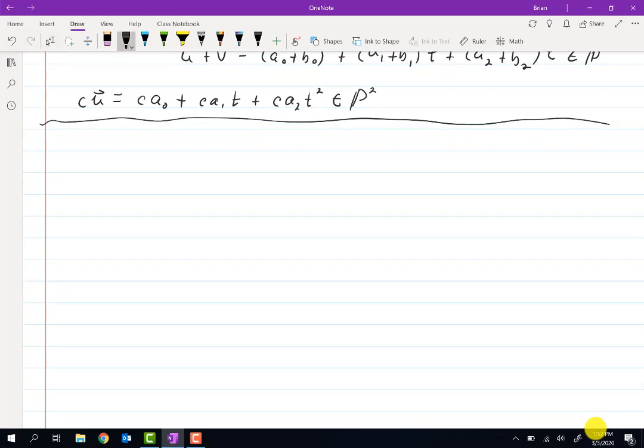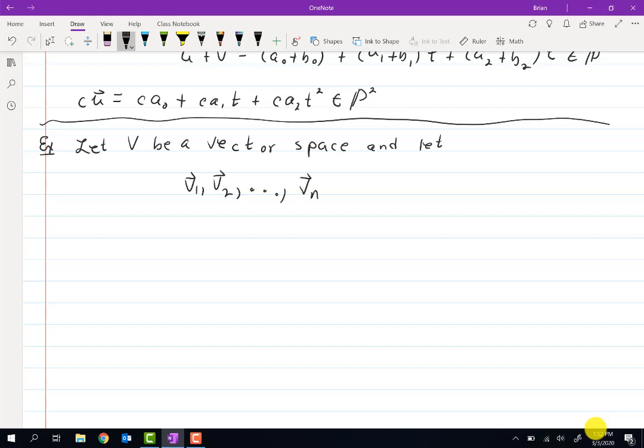For my next example, let V be a vector space and let v1, v2, up to vn be vectors in V. And let H equal the span of those vectors.